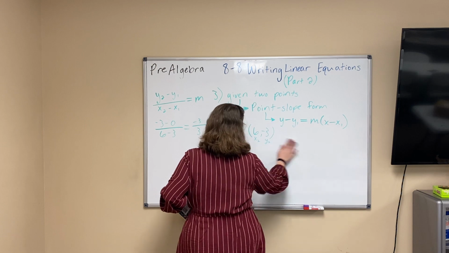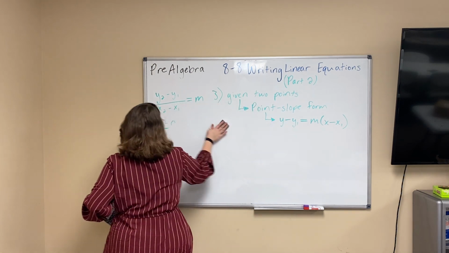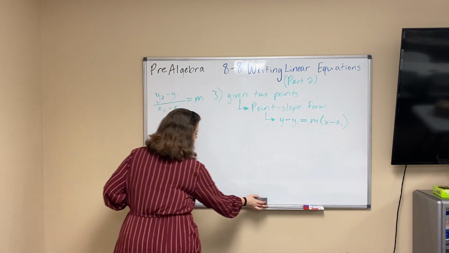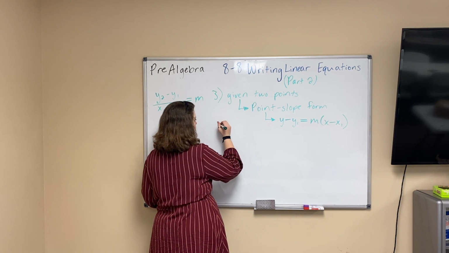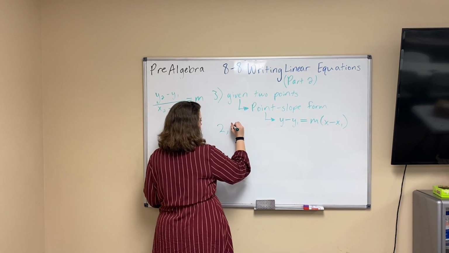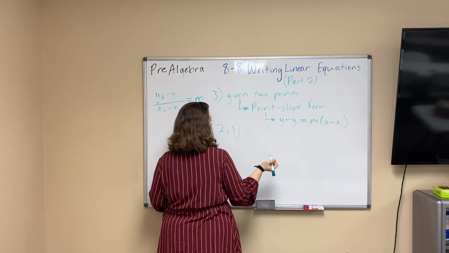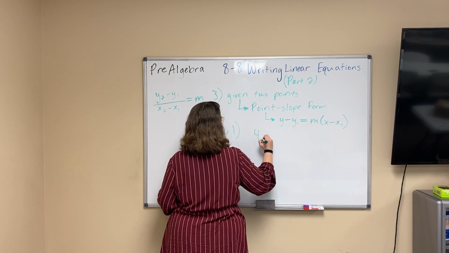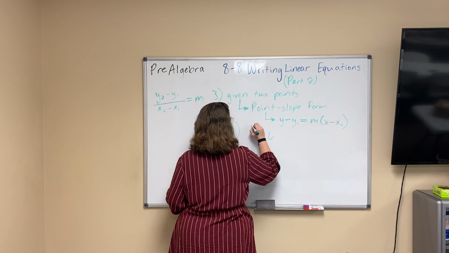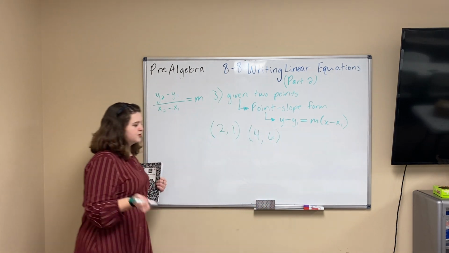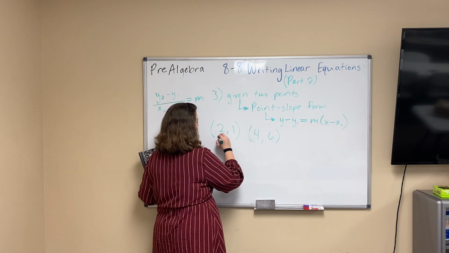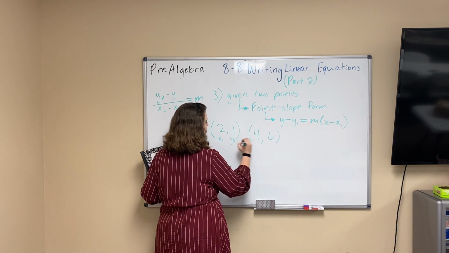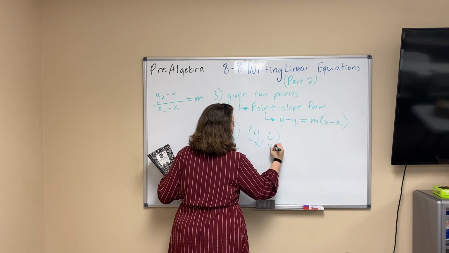We'll do one more example just so you can see. Okay, if my points are 2, 1, and 4, 6. These are my 2 points. Write an equation in slope-intercept form. We're going to do x1, y1, x2, y2.